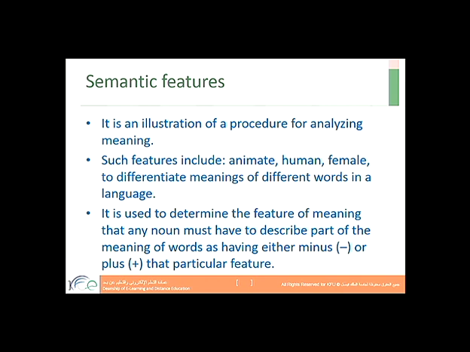Some words might refer to female, other words might refer to male. So different words, different lexical items have different semantic features. Such features are very helpful in order to differentiate different meanings of different words in a language.